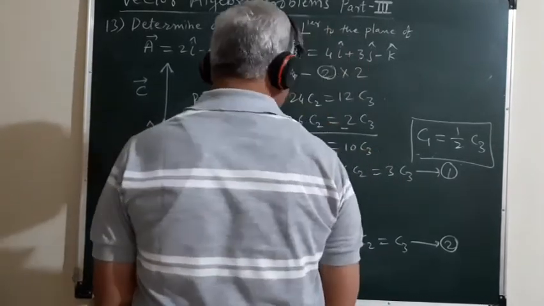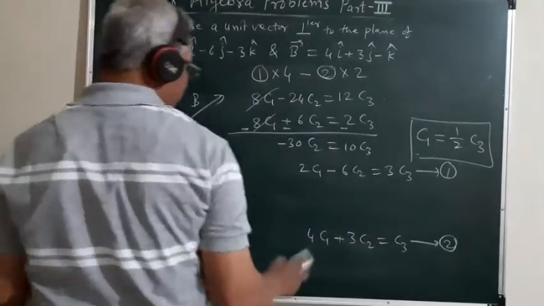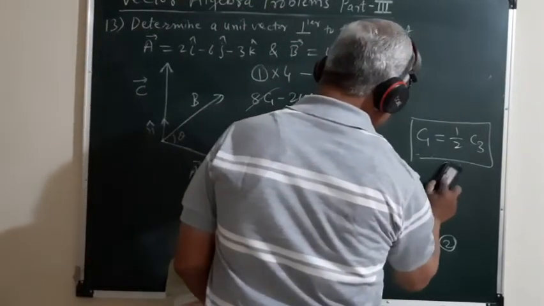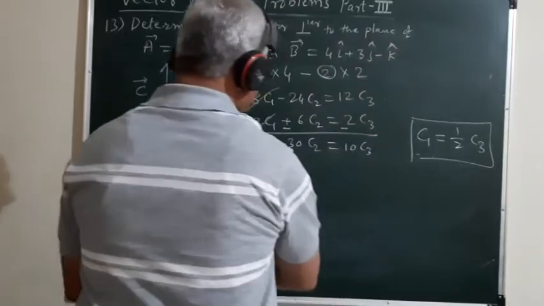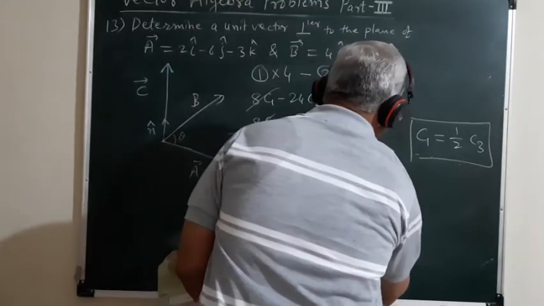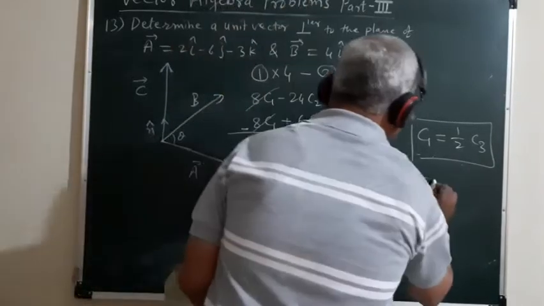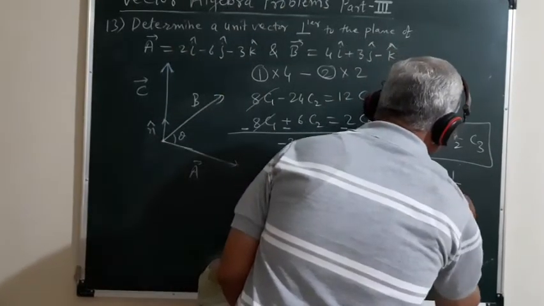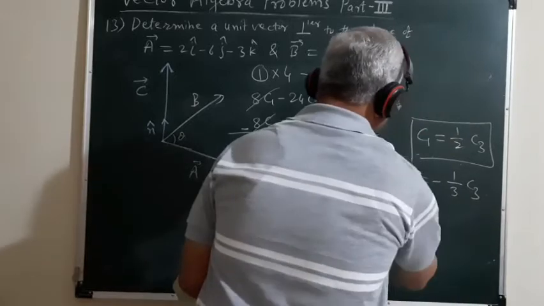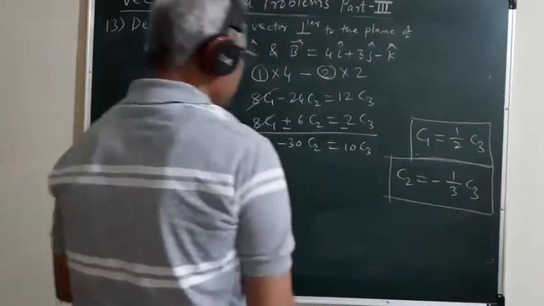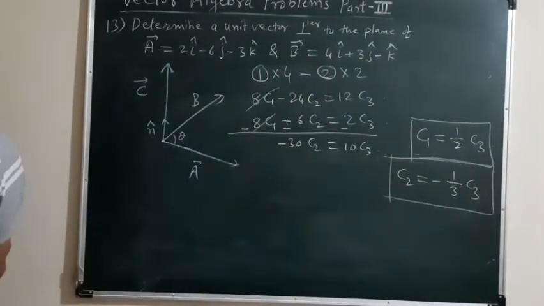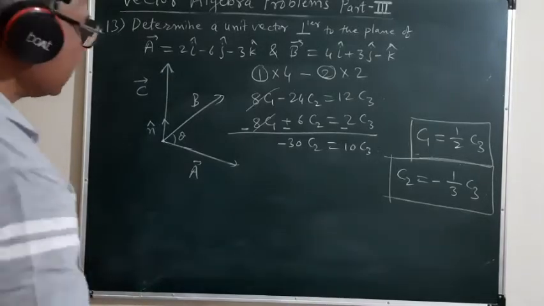And this implies C2 is equal to minus 1 by 3 C3. So we have obtained the values of C1 and C2 in terms of C3.